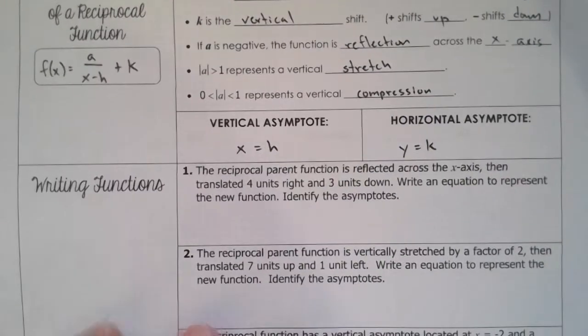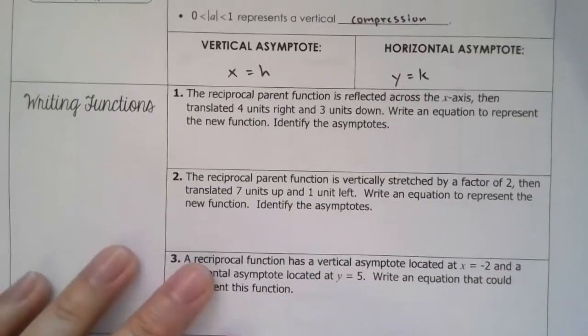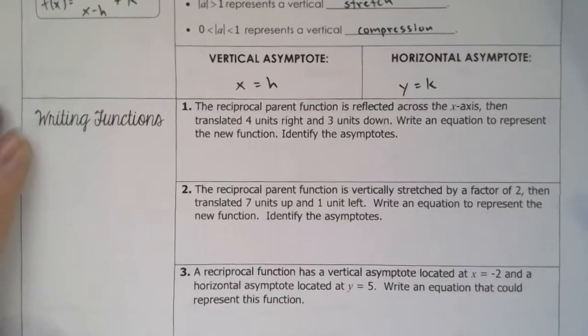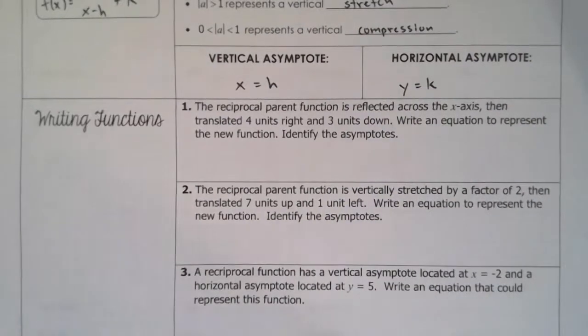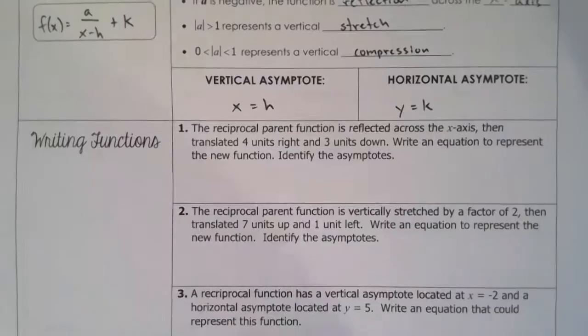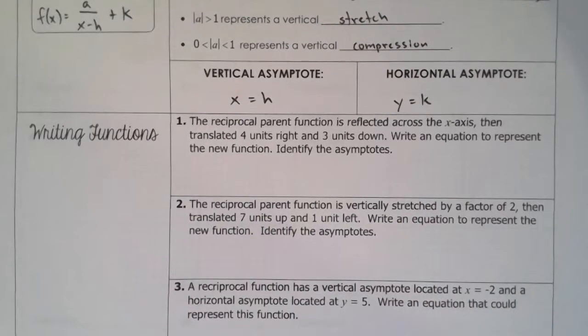Okay, so writing functions here, we have just descriptions, and we have to find what function is describing. The reciprocal parent function is reflected across the x-axis, so that immediately tells me I have a negative in front, and it's translated 4 units to the right, so I'm plugging in a positive, so it should stay negative in its form, and then 3 units down.